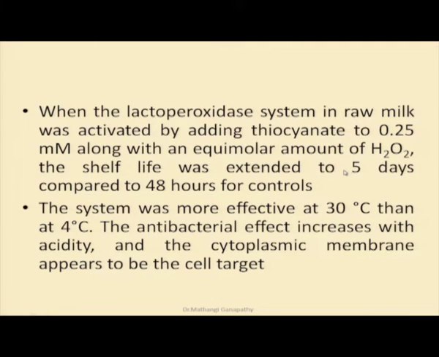It did not get spoiled up to 5 days. And the system was more effective at 30 degrees centigrade than 44 degrees centigrade.